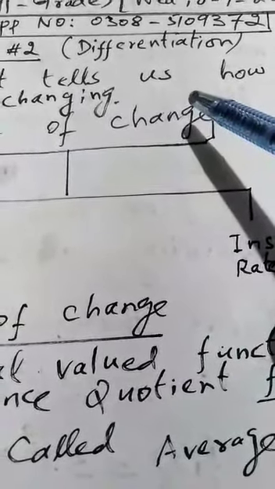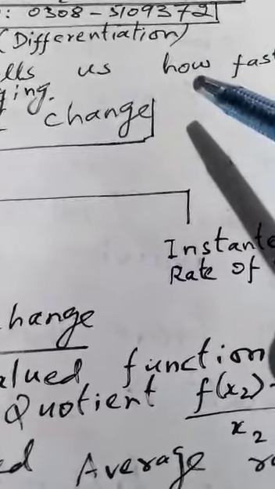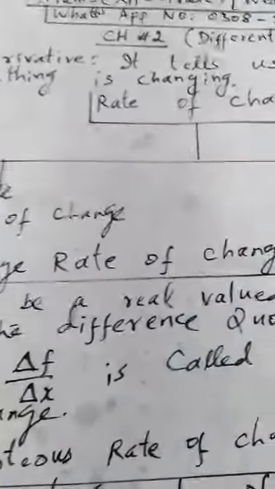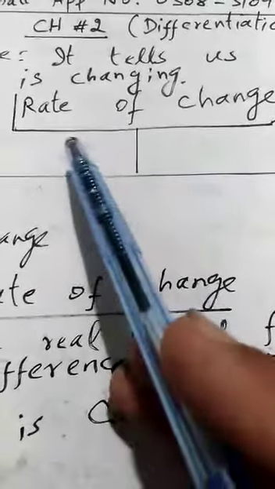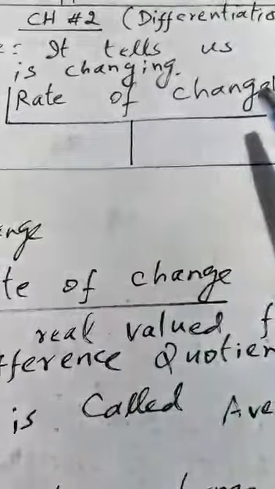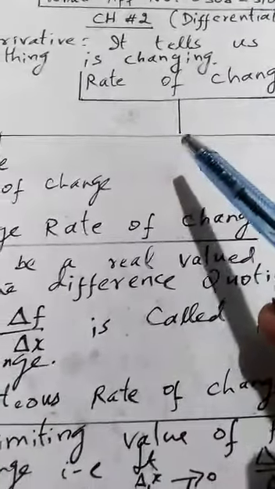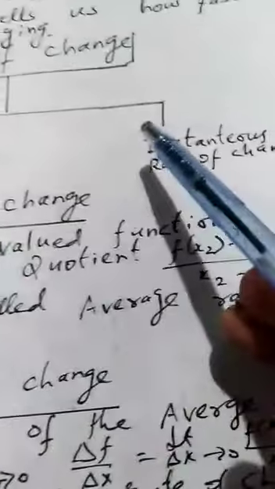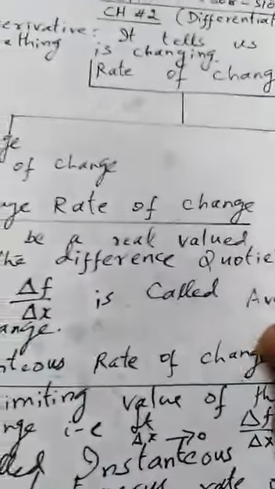Or you can say it tells us about the relative change. Okay? Now, rate of change, if you come to the topic of rate of change, it has got two main branches. One is called average rate of change, and the other is called instantaneous rate of change. Okay?